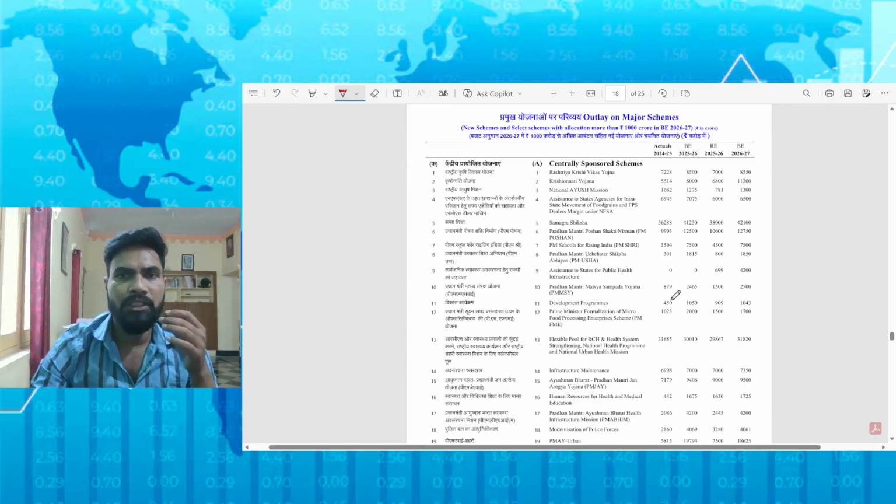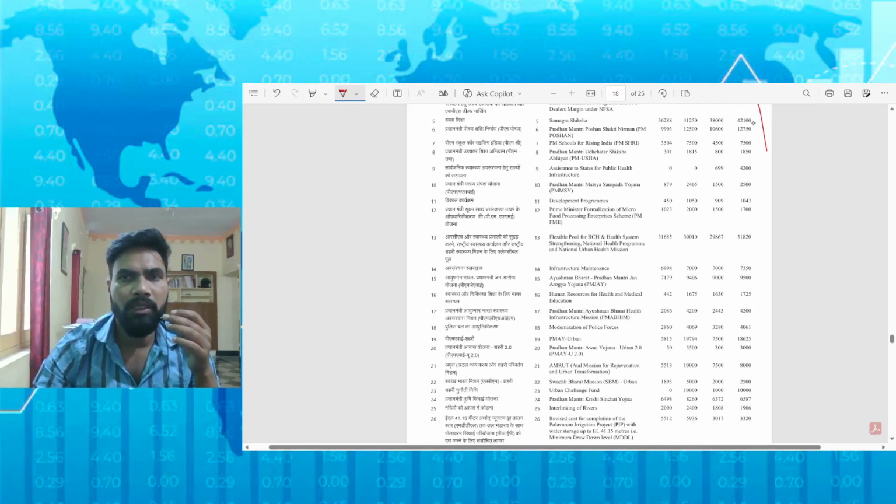Then allocations, okay, outlay for major schemes. In the previous document also we have seen some allocations for Rashtriya Krishi Vikas Yojana, 8,000 crore rupees. Krishi Sinchay Yojana, 11,000 crore rupees. Under various heads you can go on looking at the numbers. Samagra Shiksha, 42,000 crore.